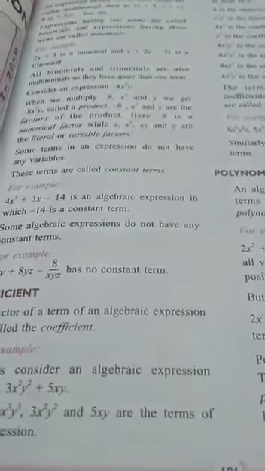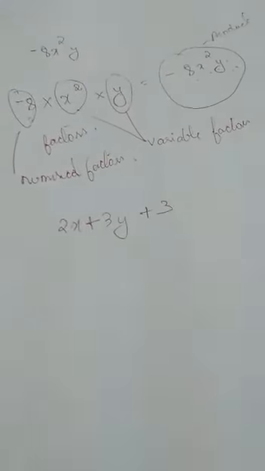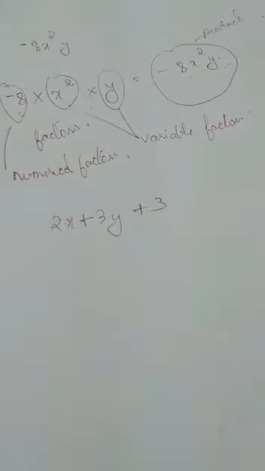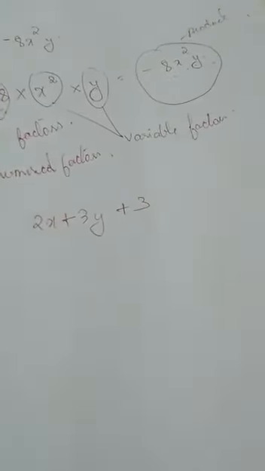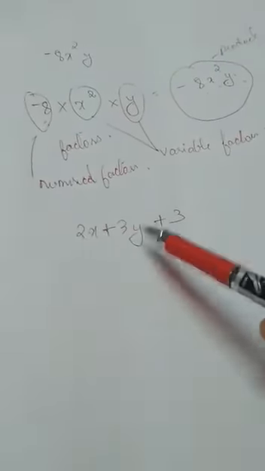Okay, now we have already discussed what constant terms are. Some terms in an expression do not have any variable. These terms are called constant terms. So suppose you are given an algebraic expression. See, an algebraic expression consists of constants or variables, isn't it?